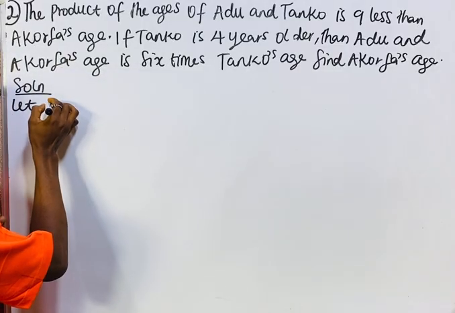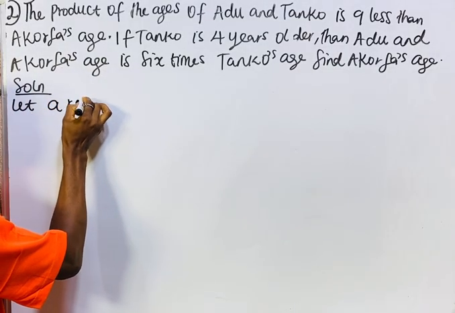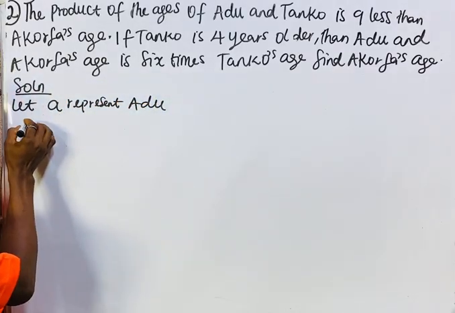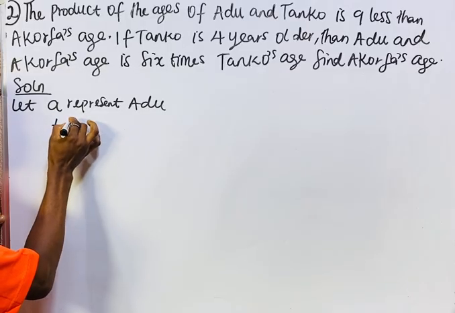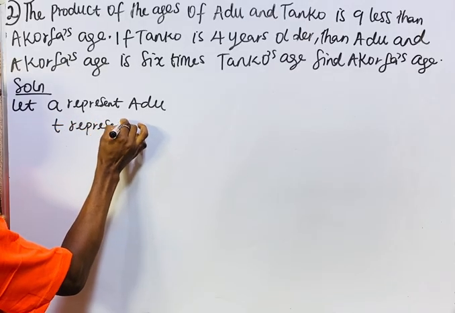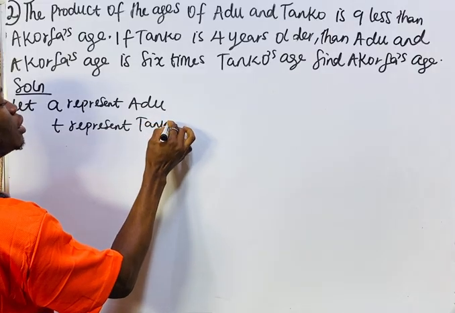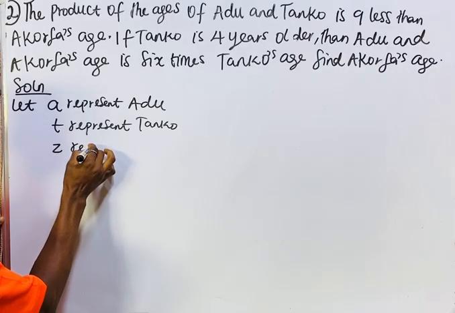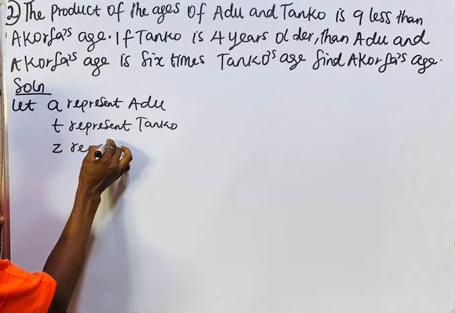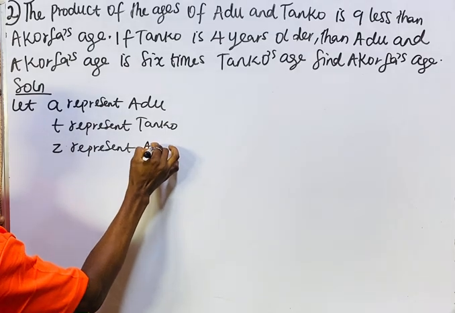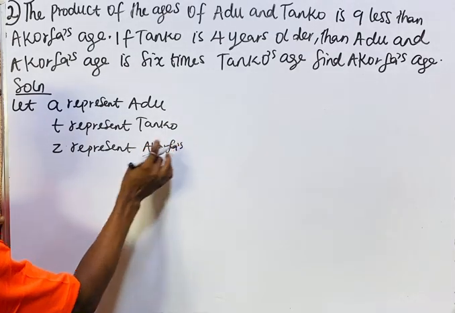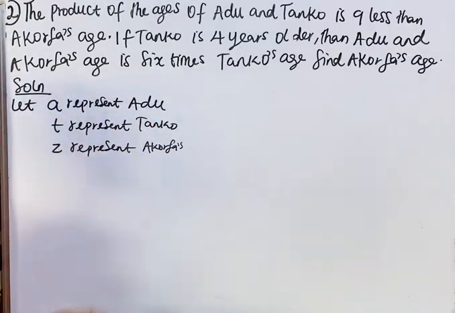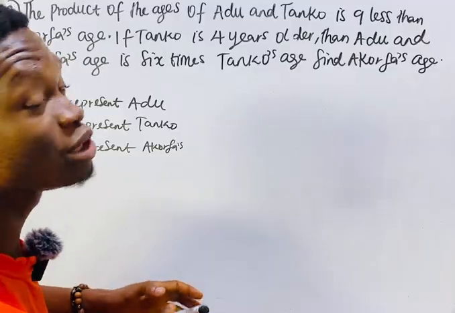So let A represent Adu's age, T represents Tanko's age, and Z represents Akofa's age. Now, let's pick the question one after the other.